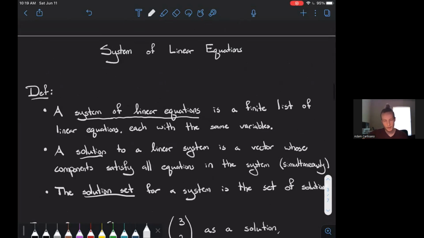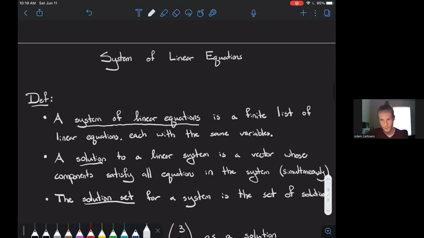For what it's worth, it is worth pointing out because that's actually what we care about in our subject. We care about the solution set. One individual solution might be interesting, but sometimes there are infinitely many solutions, and so we want to find all of those, not just point to one of them. So we're interested in the entire set of solutions.